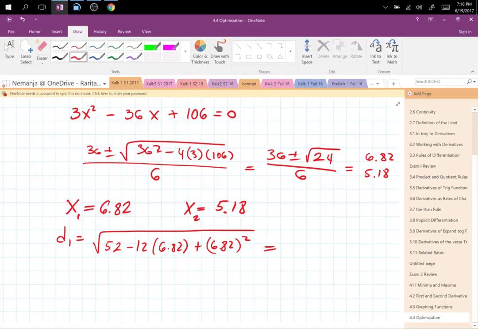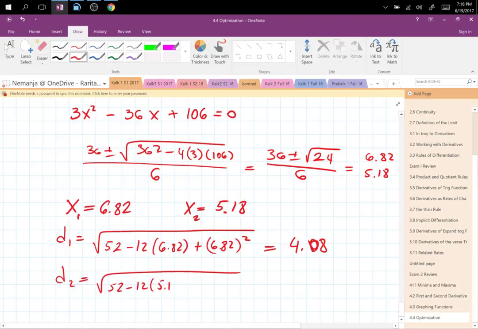I get 4.08. So that is a pair that I put in the cost equation. And then we repeat the same thing for d2. I get 5.18.